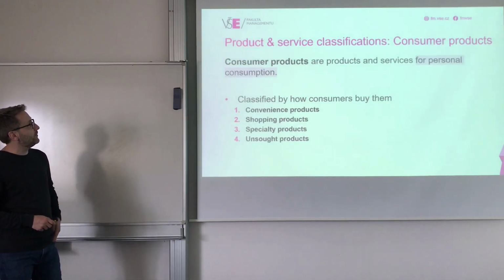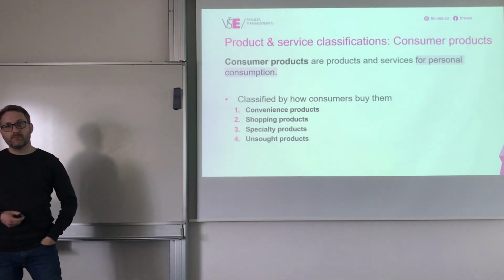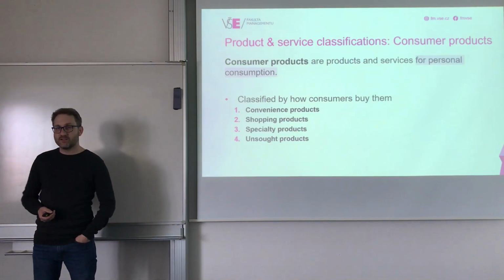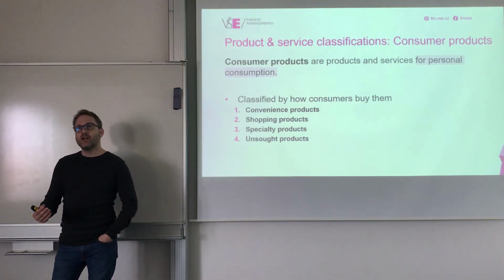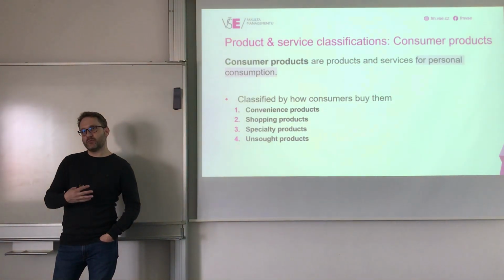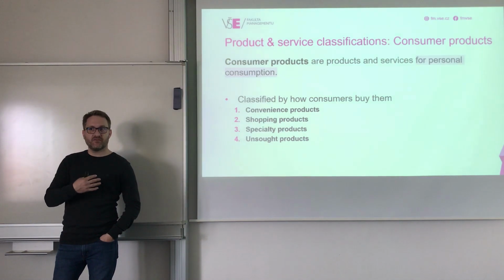Okay, so what about the consumer products? Basically, they are used for the final consumption. I think we already talked about that within our lecture about consumer behavior, as the behavior by which the consumer is using the final product.